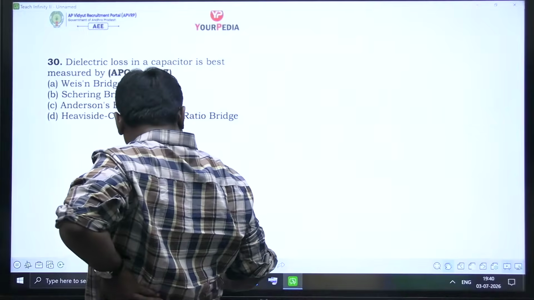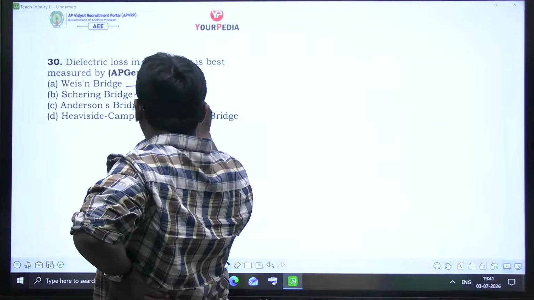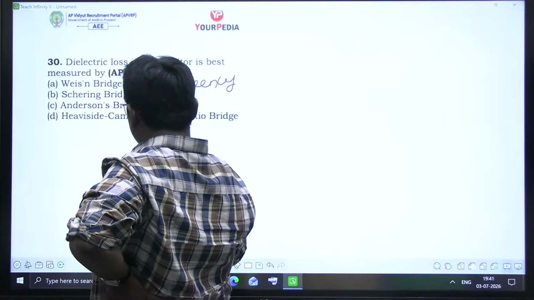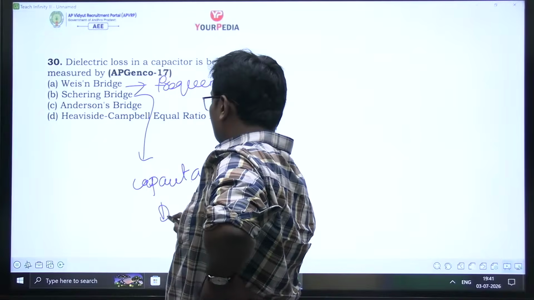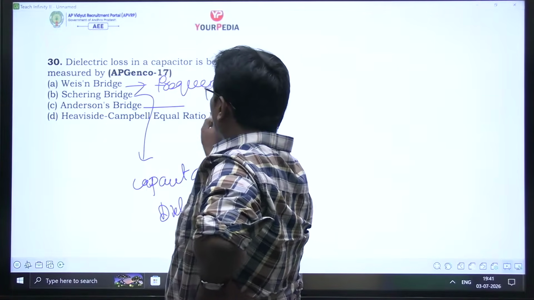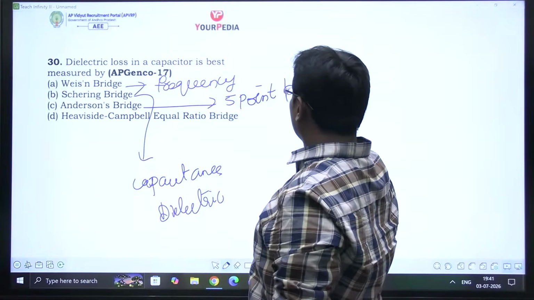This one is used for the measurement of frequency, and this is used for the measurement of capacitance and dielectric loss, and this is the 5-point bridge.